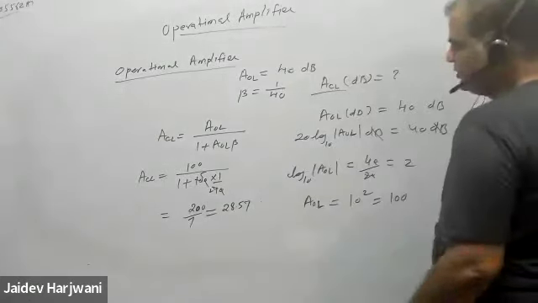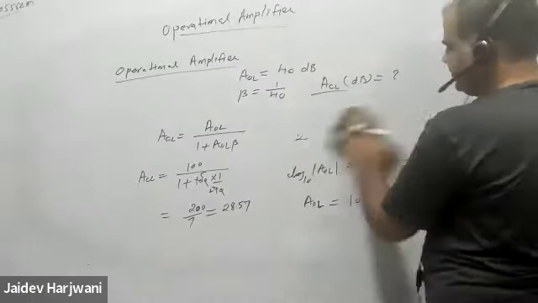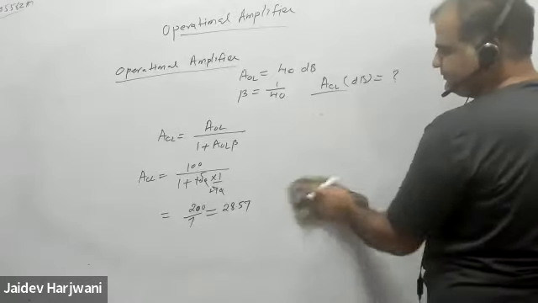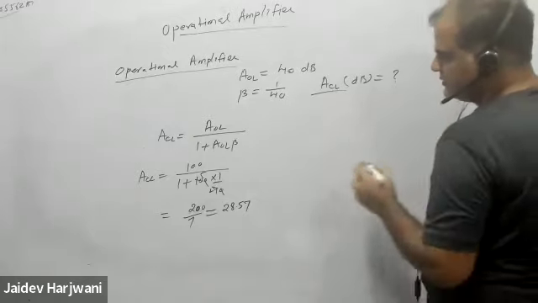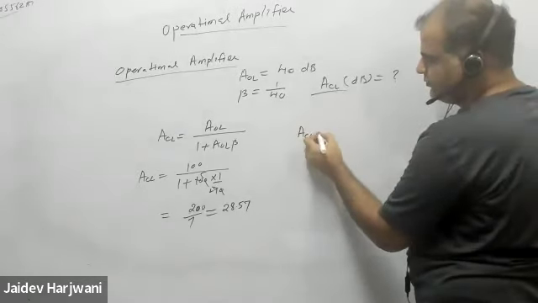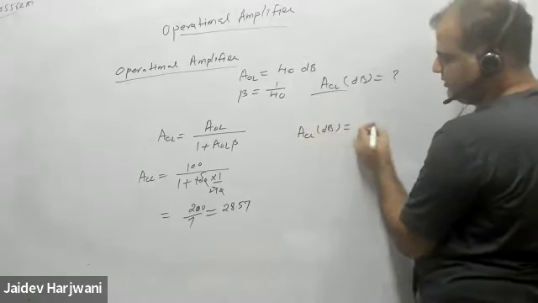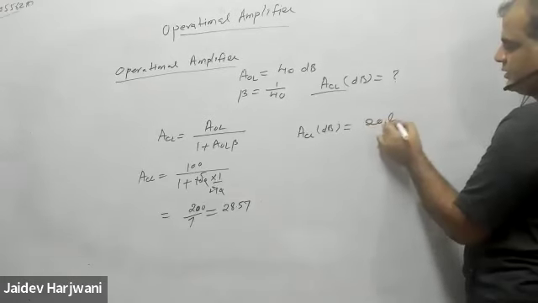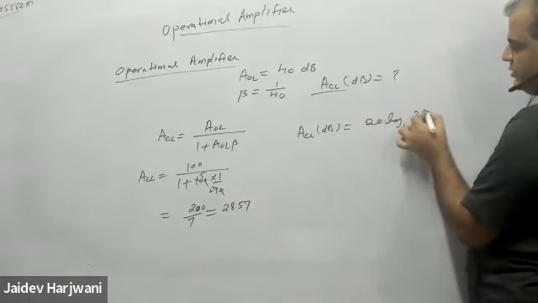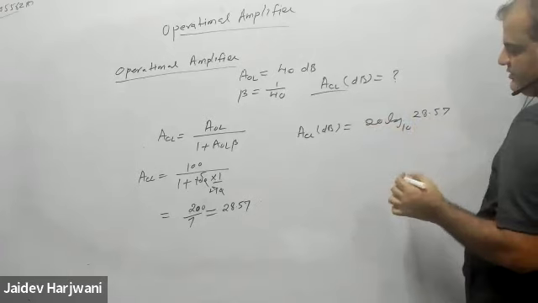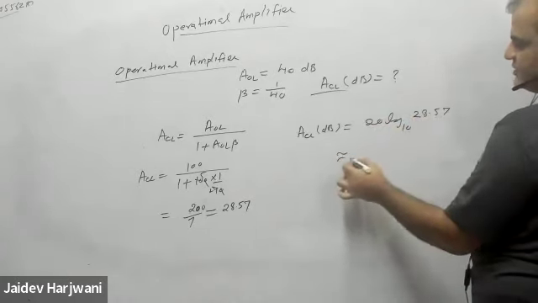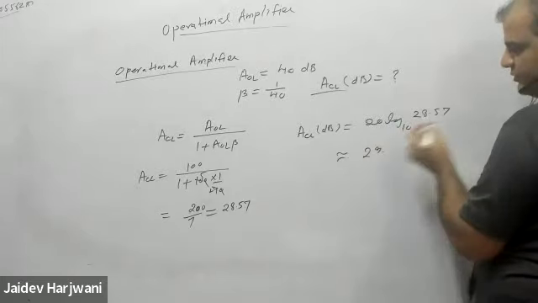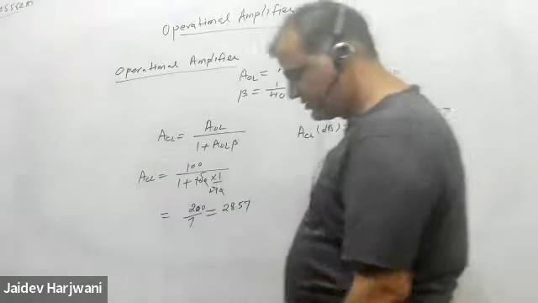And now again you want to convert this number into dB. So closed loop gain in dB will be 20 log 10 of 28.57. Now take the log of this one and tell me the answer. This should be something about 29 point something. I don't remember, but it's 29 point something.